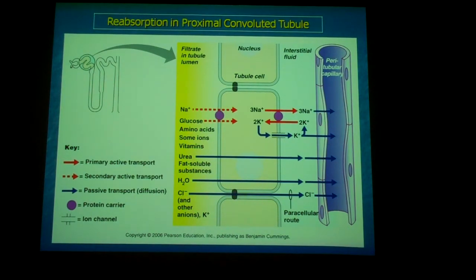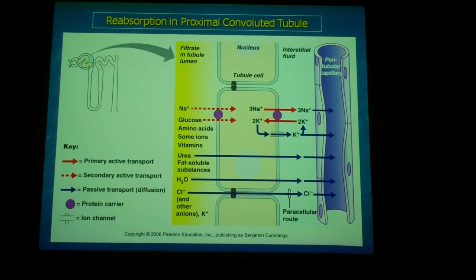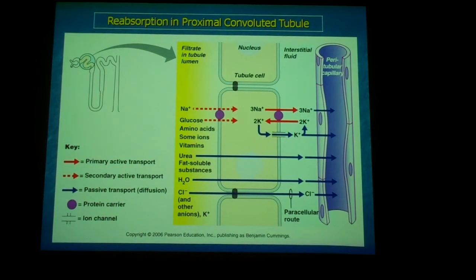We're absorbing amino acids, ions, vitamins, some urea, although we'll get rid of some urea down the way. Fat-soluble substances, water, and so forth, various ions. Now, notice here that these things require a protein carrier. Here's an example of an ion exchange pump right here.